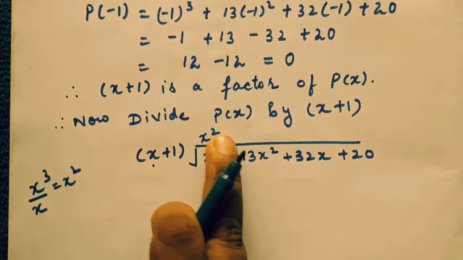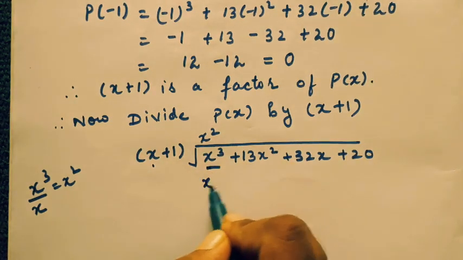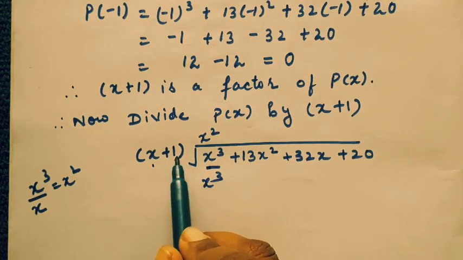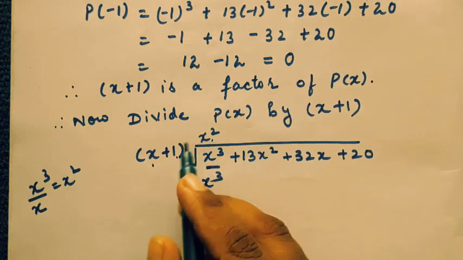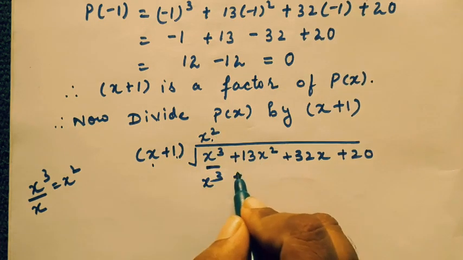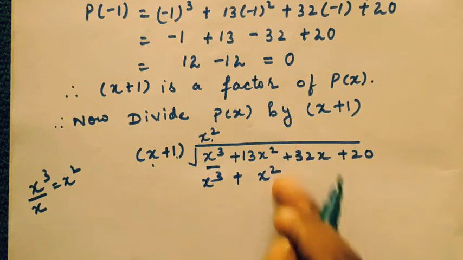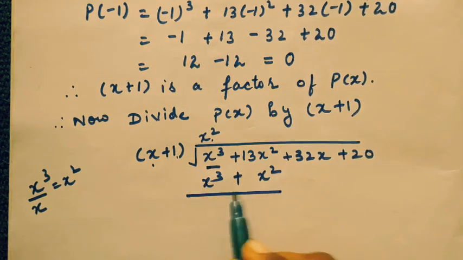By multiplying x with x square, I get x cube, right? After that, plus 1 into x square is x square. So I will write the x square in place of x square.